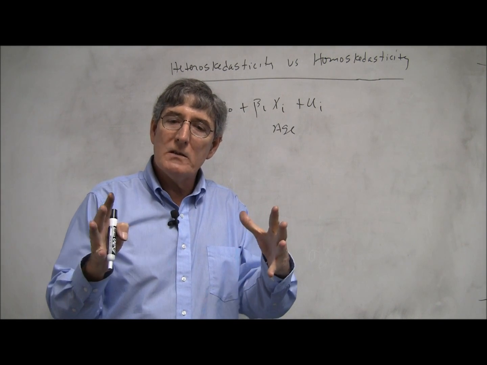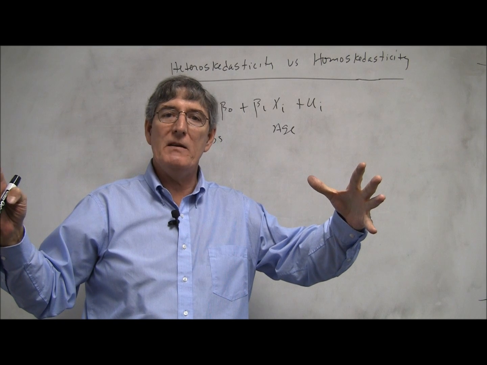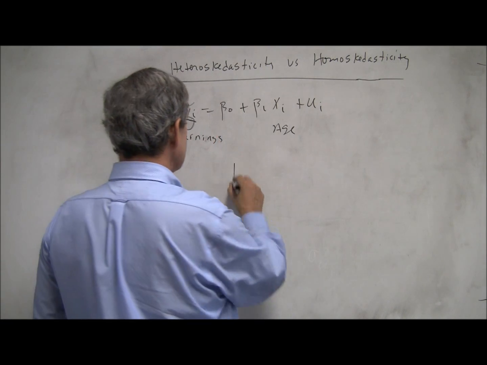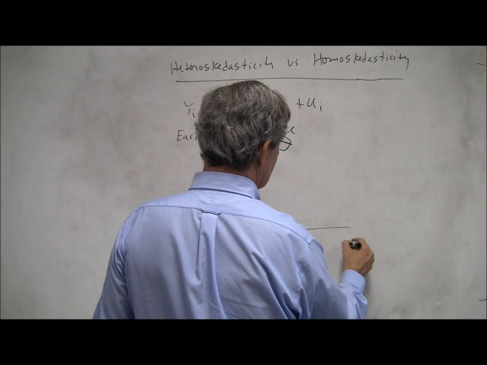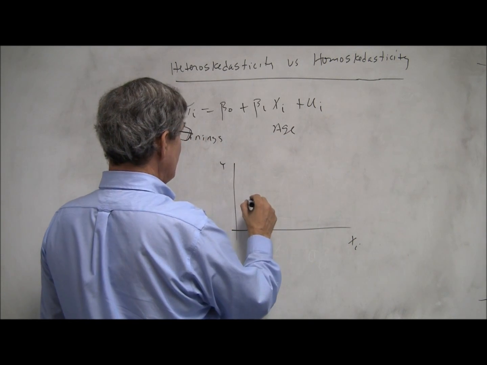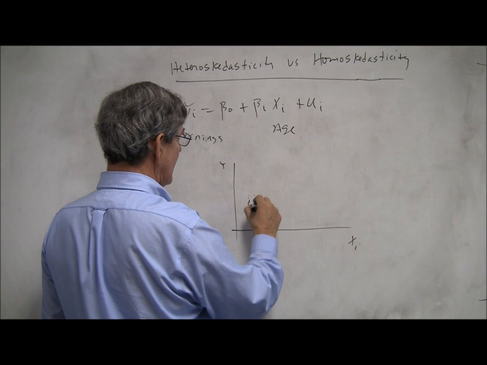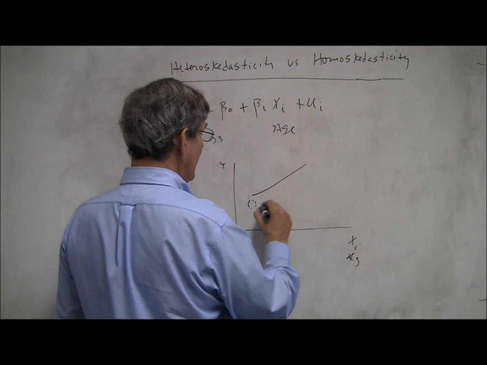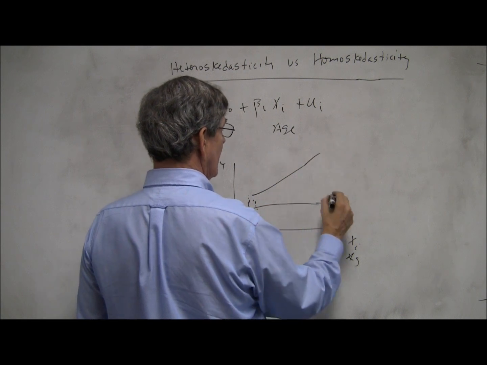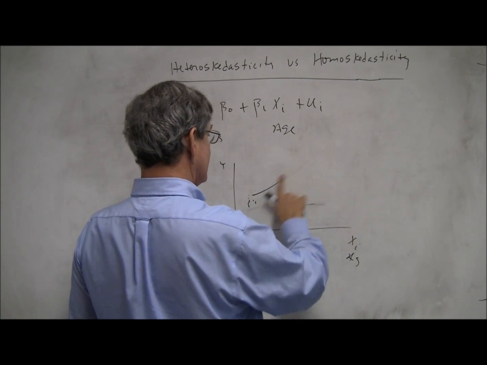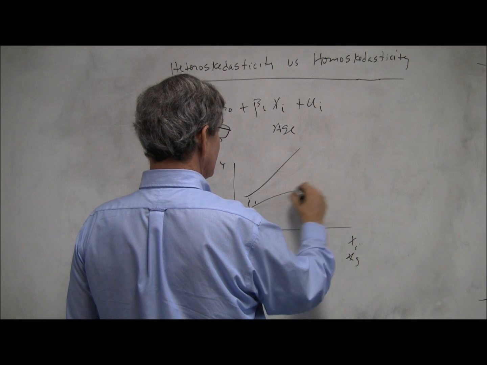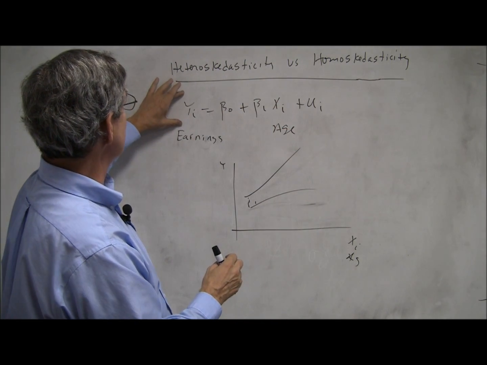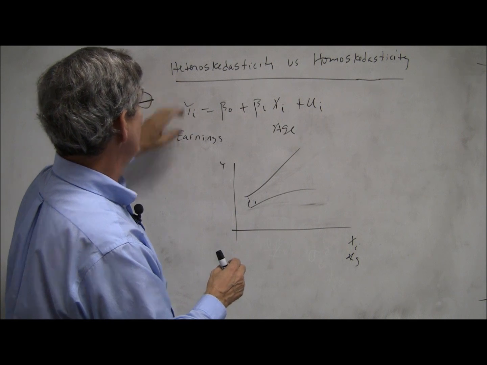As you get older and older, your income tends to go up, and the variance of income tends to go up. So what you tend to see in this case is exactly what I just drew. You tend to see a much smaller variation in earnings at lower levels of age. But as you move out to higher and higher ages, the variance gets bigger and bigger because the variance in income is much larger.